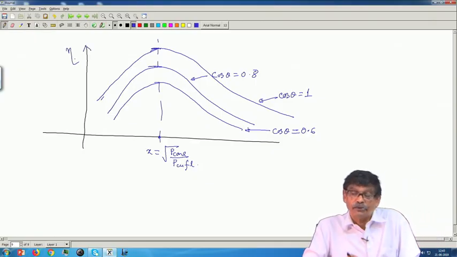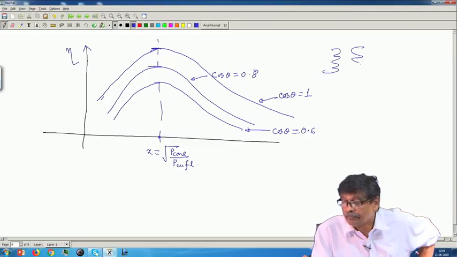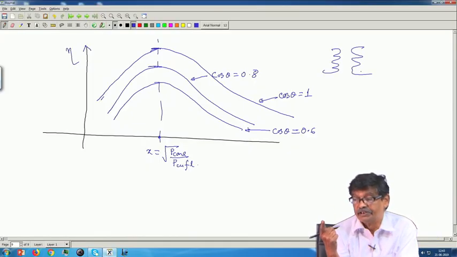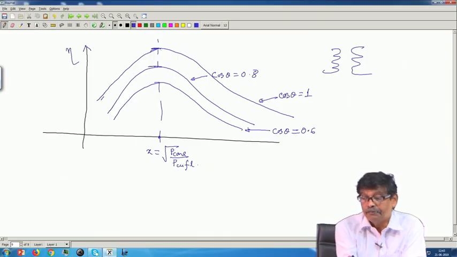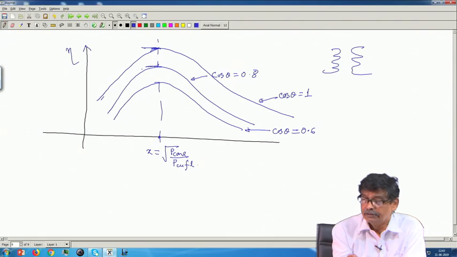Now we come to know that the transformer will have a maximum possible efficiency of this much at 0.8 power factor. If that 0.8 is kept fixed, that will give you some maxima.